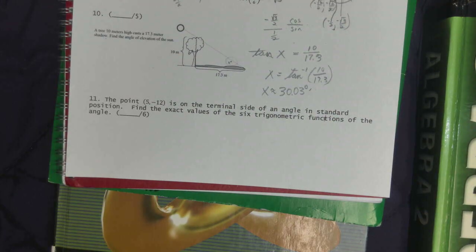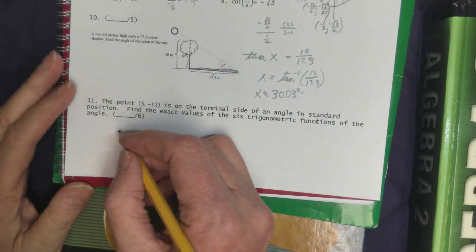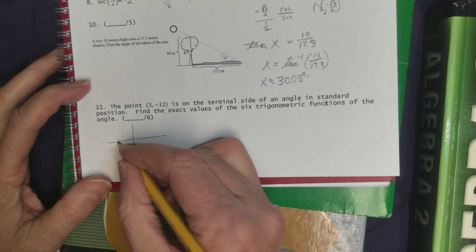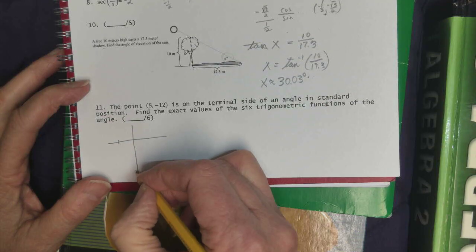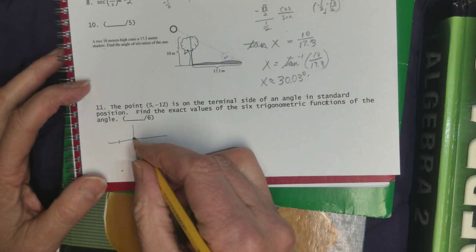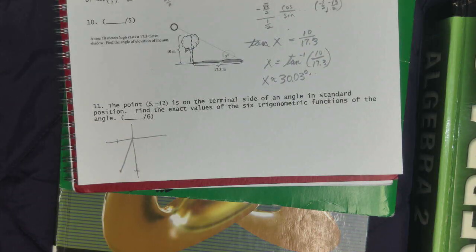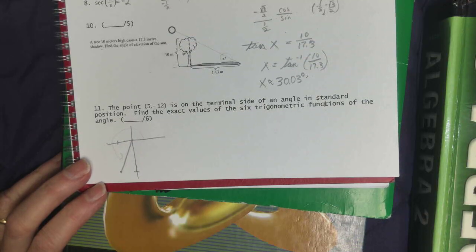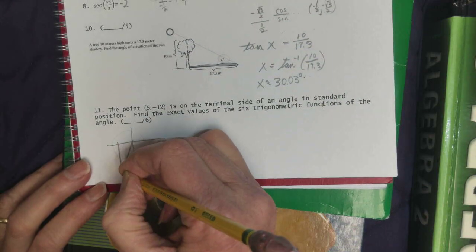All right, number 11. The point 5, negative 12 is on the terminal side of an angle in standard position. Find the exact values of the 6 trig functions of the angle. So I need to draw it. All right, so 5, negative 12, okay. And my triangle, so this is theta. My triangle, coming here, I'm drawing that.